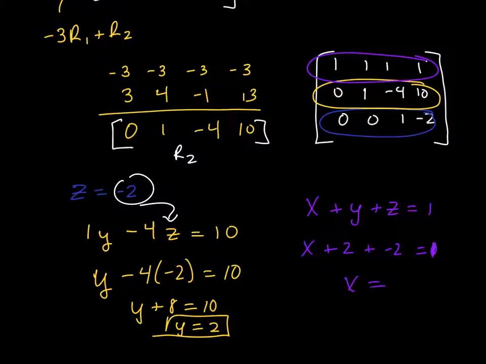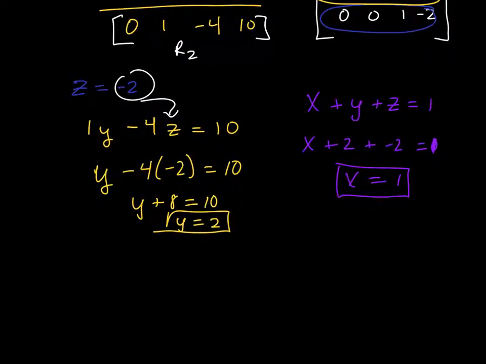So x is just equal to 1. Just make sure that when you're writing your answers that you write all of them as a solution set. And our solution set here is 1, 2, and -2.